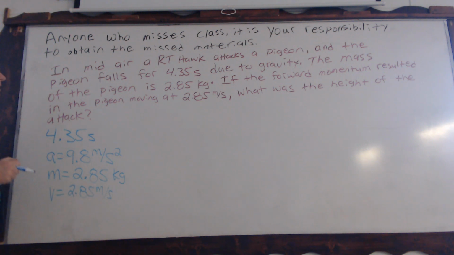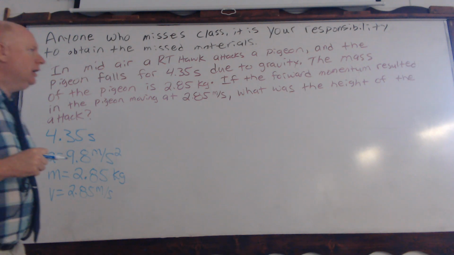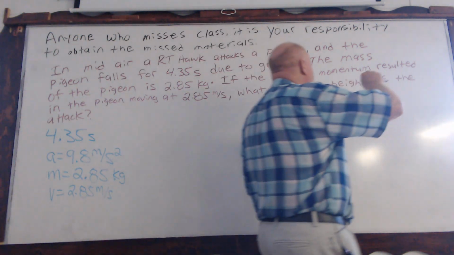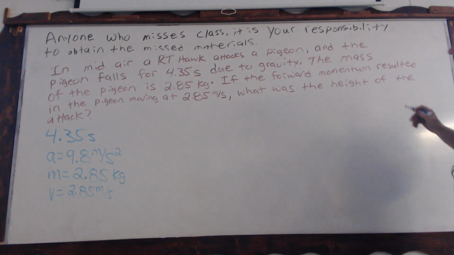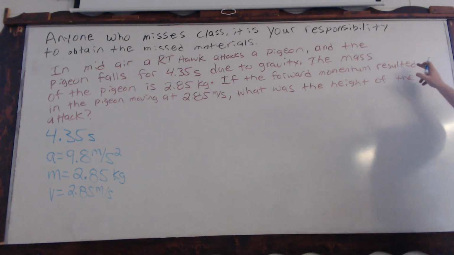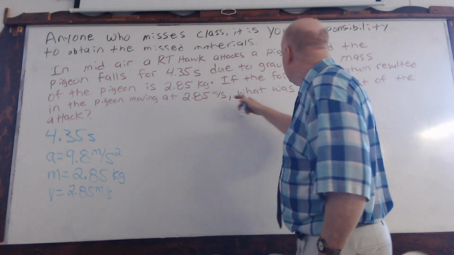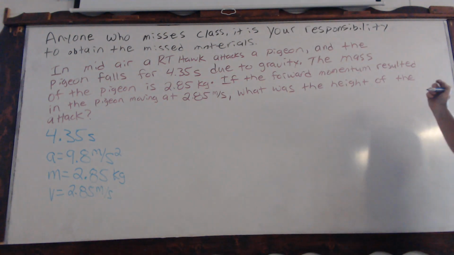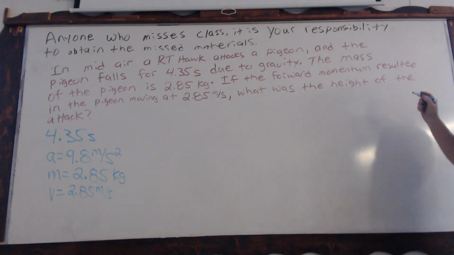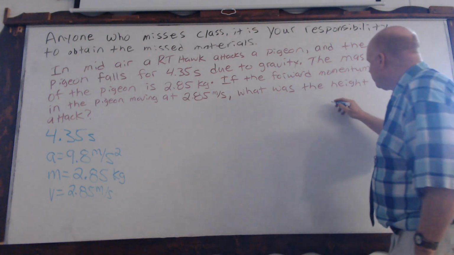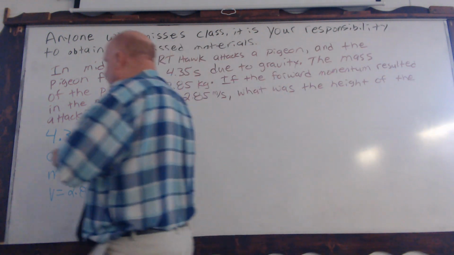Now, if we read that a little closer, if the forward momentum resulted in the pigeon moving at 2.85 meters per second, what was the height of the attack? So what we're looking at here is, for instance, I'll use a different color here.